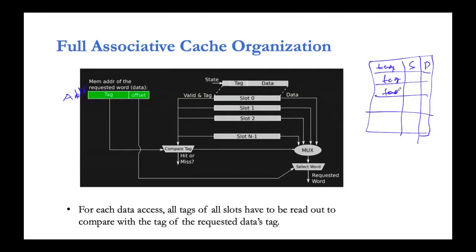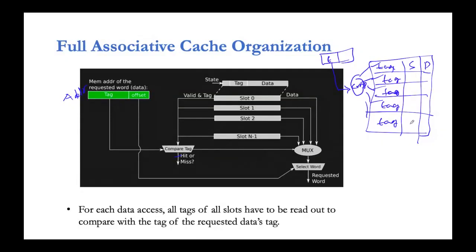When a request comes, it fetches all the tags from the cache, and the comparison is done: compare the requested tag with the first tag, second tag, third tag, fourth tag, until the tag matches. Once the tag matches, there is a hit.